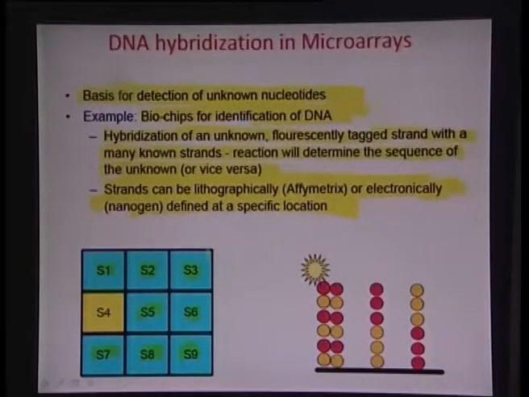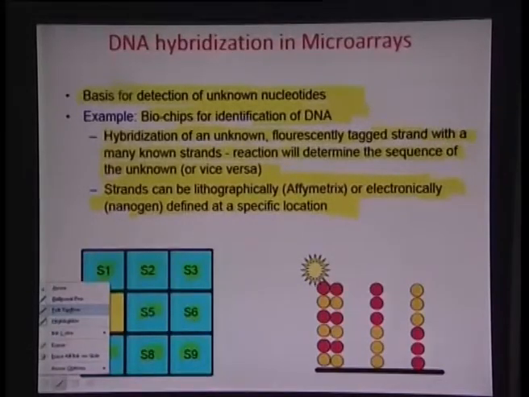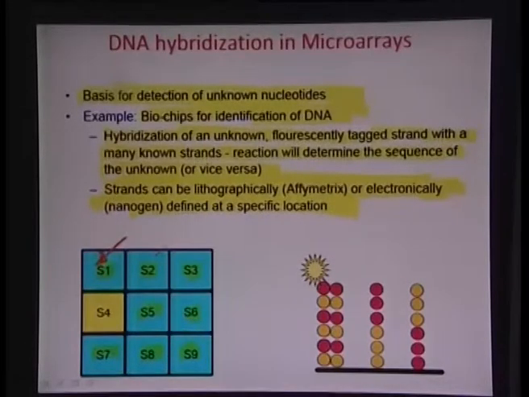If we can somehow direct a specific sequence of a capture probe of single-stranded DNA onto S1, or the first column and first row, or the second column and first row, and we have accurate information of what is what, that means what sequence is there in S1, what sequence is there in S2, and so on up to what sequence is there in S9.